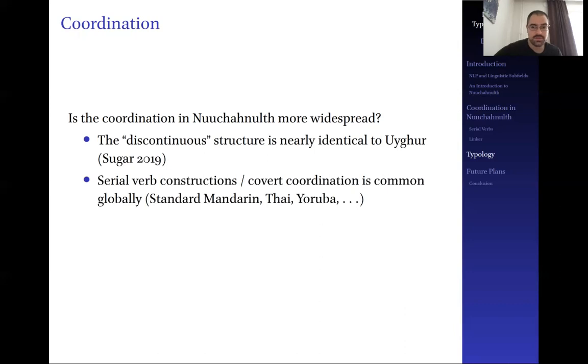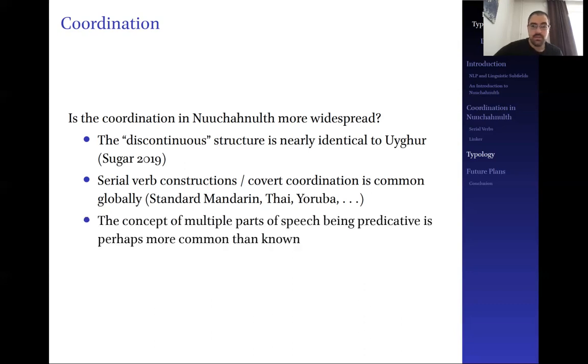Serial verb constructions, or covert coordination, is quite common globally. It's present in Standard Mandarin, it's present in Thai, it's present in Yoruba, and many others. It just happens to not be very present in Western European languages. The concept of multiple parts of speech being predicative is perhaps more common than is typically known.